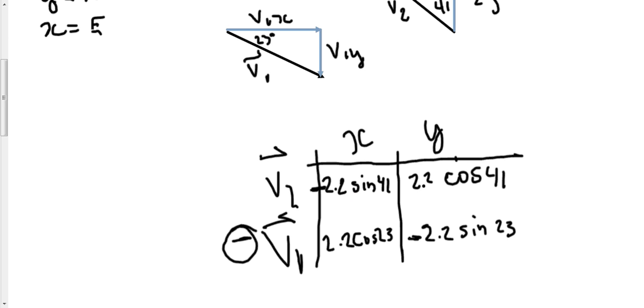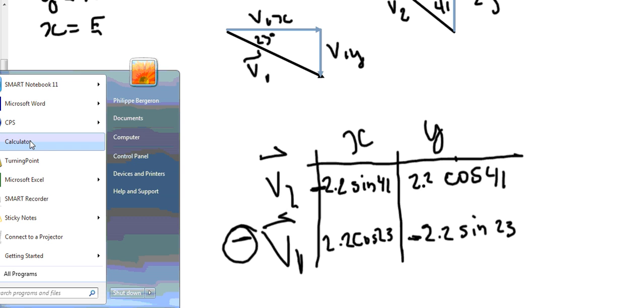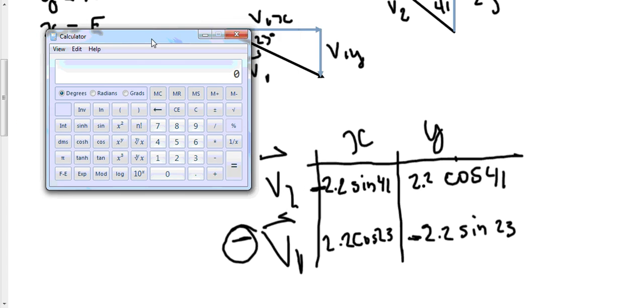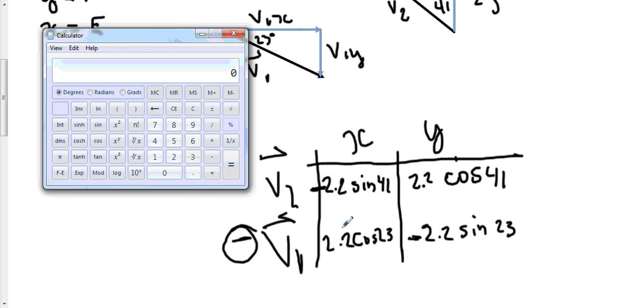I like to do this on the calculator all in one go. So let's pull up a calculator, and we'll get the value here. Minus 2.2 sine 41. This is an unfamiliar calculator for me, so minus 2.2 times sine of, oh, you know what, I'm using this calculator wrong.